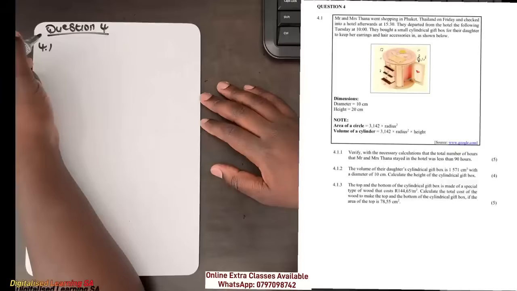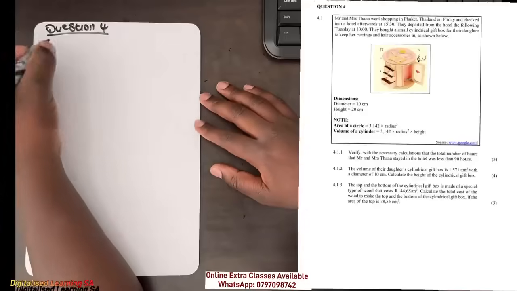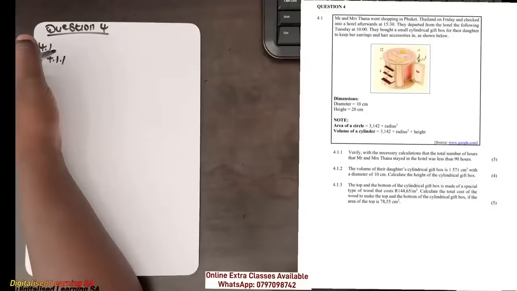The cylindrical box has 2 dimensions, the diameter and the height. We are also told that the area of a circle is equal to 3.142 multiplied by the radius to the power 2, and the volume of a cylinder is equal to 3.142 multiplied by radius to the power 2 multiplied by height. Okay, so now let's go ahead and work on the questions.